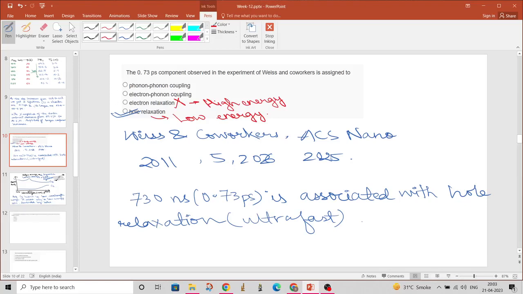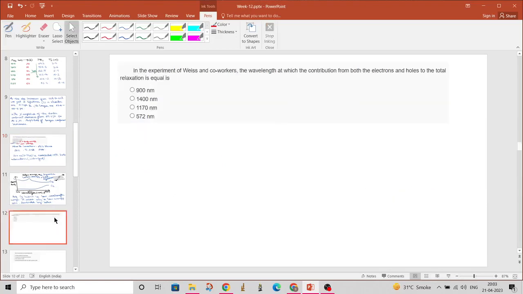Okay, let's move to the next question. The next question is, in the experiment of Price and co-workers, again related with the same paper, the wavelength at which the contribution from both electrons and holes to the total relaxation is equal is 900 nanometers, 1400 nanometers, 1170 nanometers, and 572 nanometers.